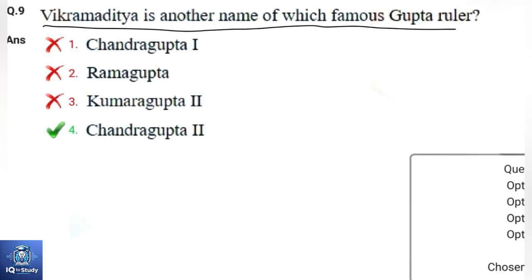Vikramaditya is another name of which famous Gupta ruler? Chandragupta II.